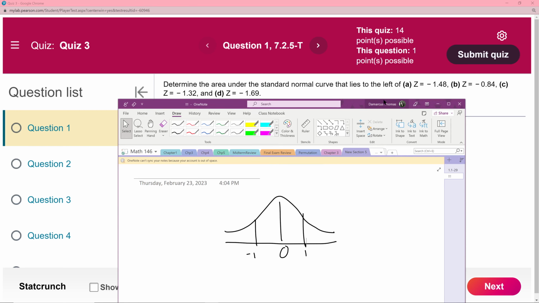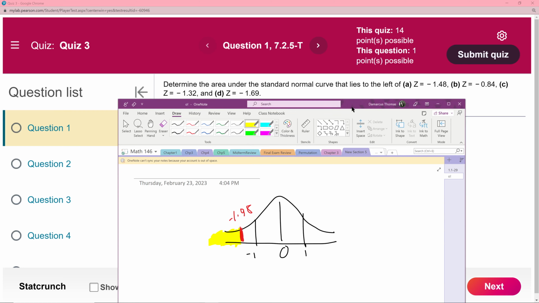And they want us to find the area to the left of negative 1.4. So we could say approximately here. And we're trying to locate all of this area. It's not going to be much.